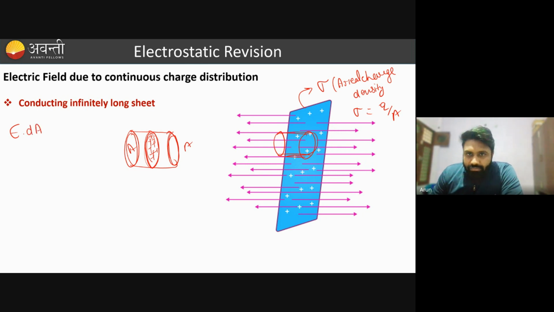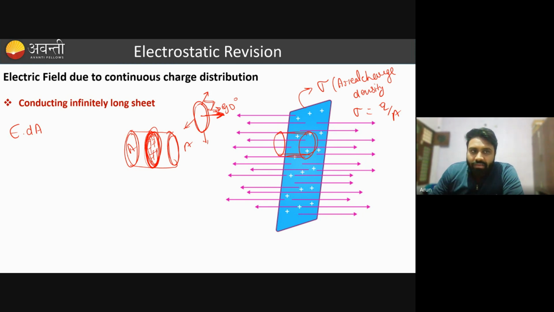Got it? So same E into dA. For the curved surface, the area vector is perpendicular to it, or radial, but the electric field is in this direction, so the angle between the electric field and the area vector is 90 degrees. So this curved surface will play no role, only the base area will.